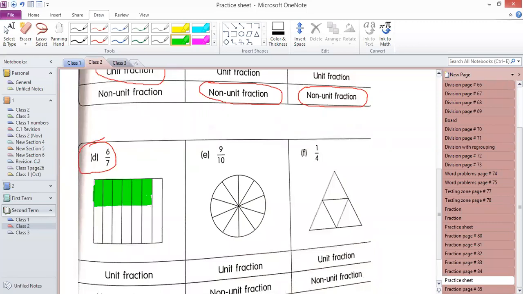Thank you. So guys, he said I should color 6. So I'm going to color 1, 2, 3, 4, 5, and 6. These are the 6 parts. I'm coloring 6 parts.